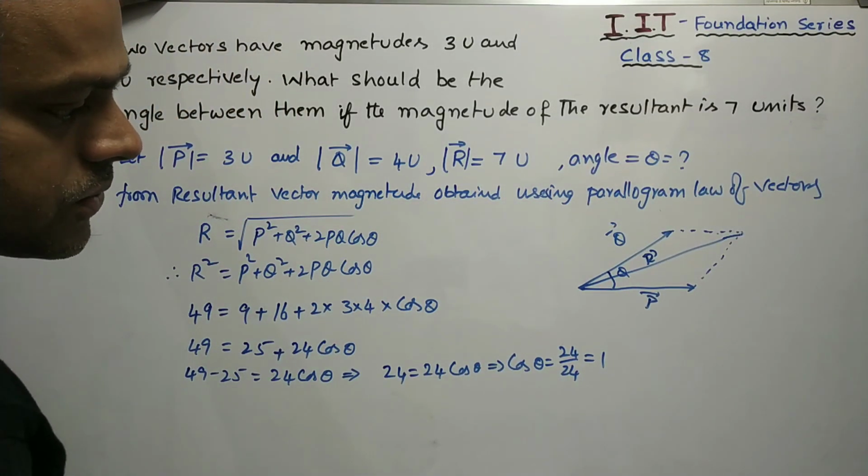When cos theta is equal to 1, what is the value of theta?